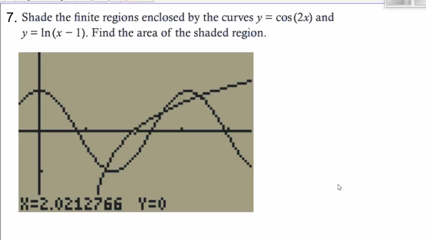What I need to find is, this one looks like the cos 2x. The other one is a logarithmic function.